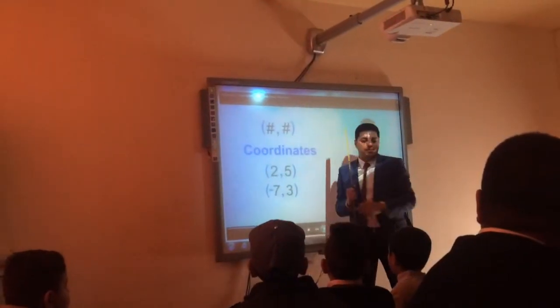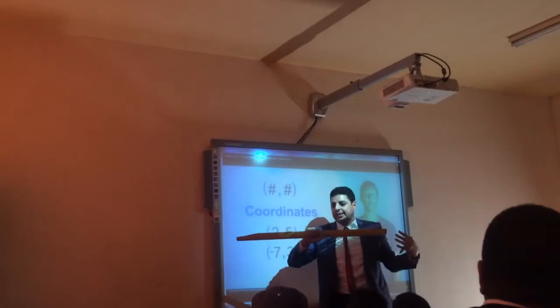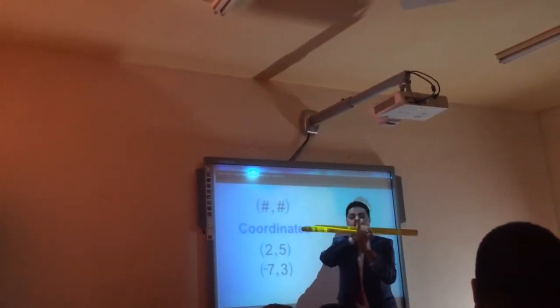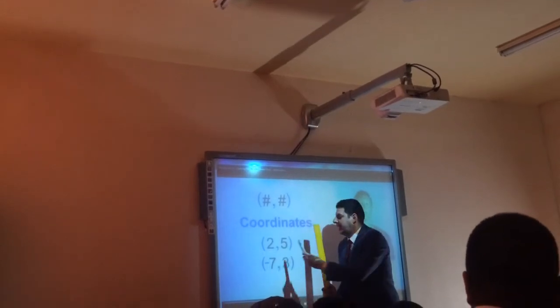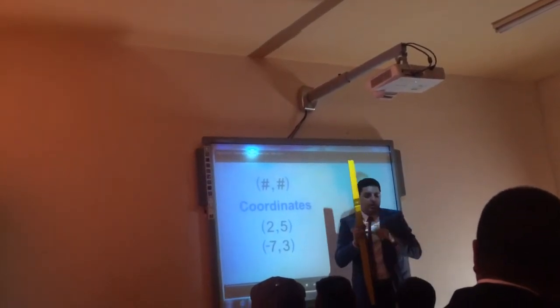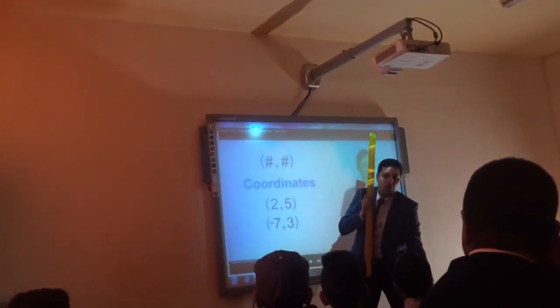And 2 belongs to the x-axis: 0, 1, 2. And the 5 belongs to the y-axis. Positive is above and negative is down.